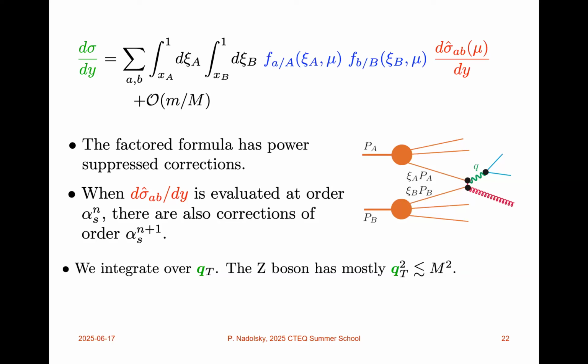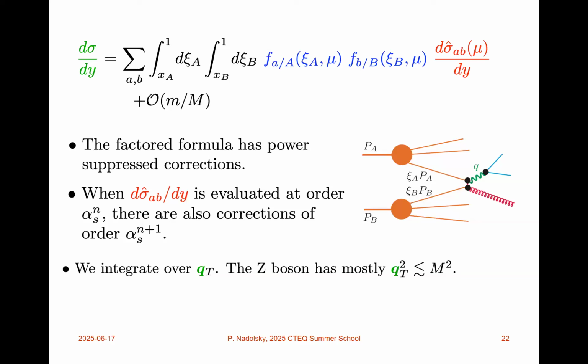Okay, so therefore, this formula works better at high Q because first of all, alpha S is small, and well, you get a better convergence for the cross section prediction. To get an accuracy of a few percent, you need to go to N3LO nowadays. So basically, you need to go to very high order in alpha S. But also, if you go to high Q, you suppress the power corrections.